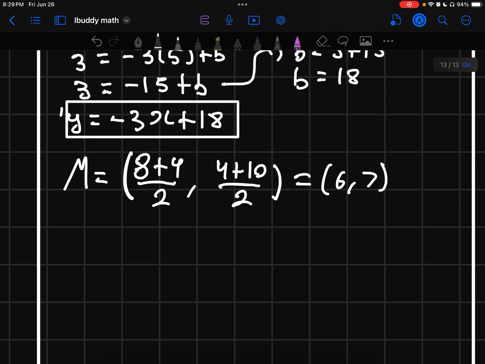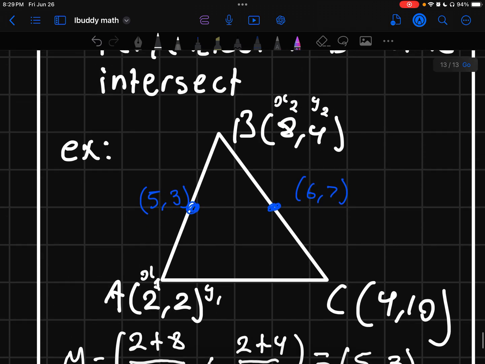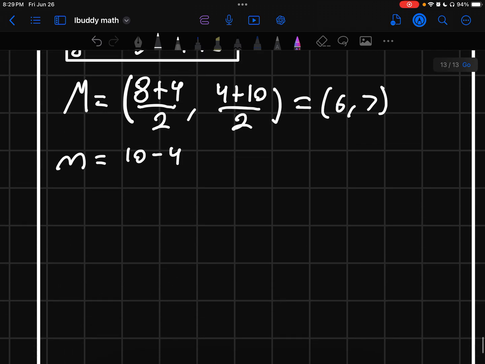Then after that, we have to find the slope using the slope formula. So that would be 10 minus 4 over 4 minus 8. And that is equal to negative 3 over 2. But then we have to make this a negative reciprocal.